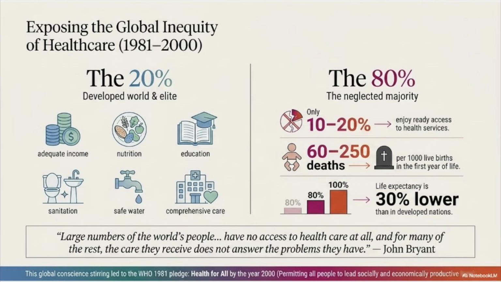These global inequalities led to the World Health Organization's Health for All initiative and strengthened the movement towards primary health care following the Alma-Ata Declaration. The objective was to ensure that every individual, regardless of where they lived, had access to essential healthcare services.